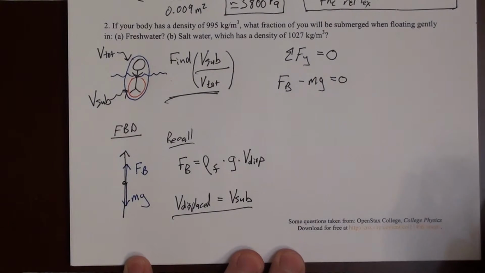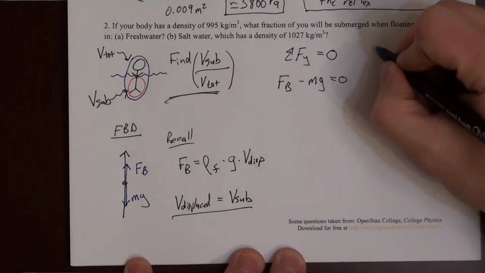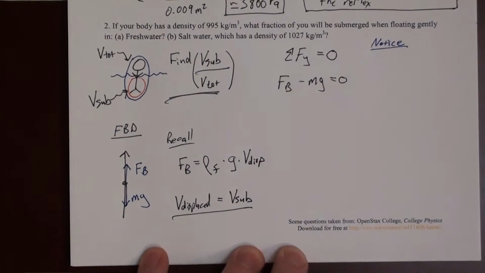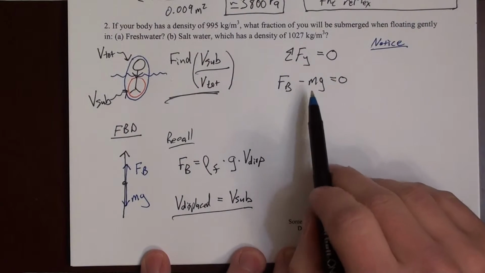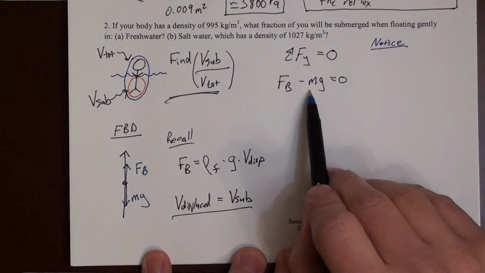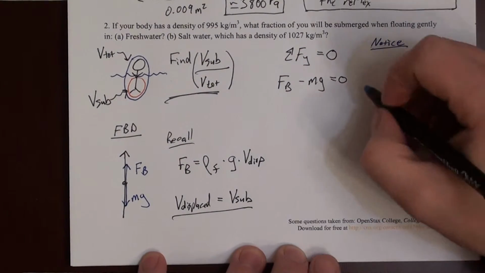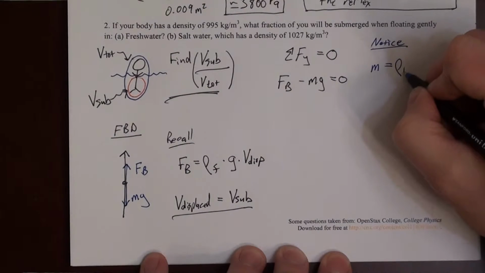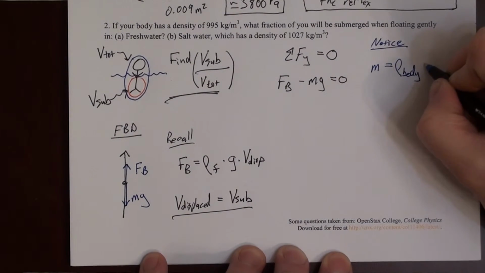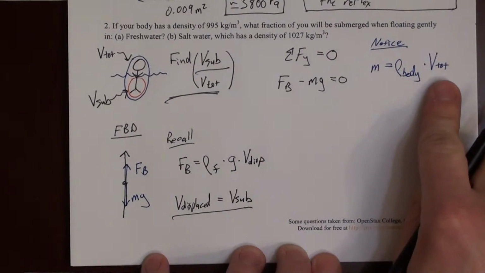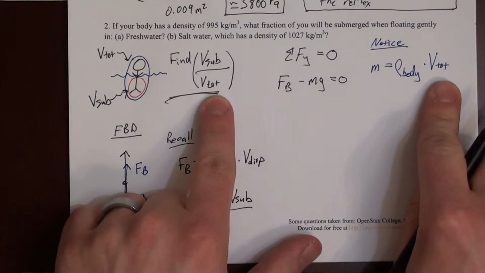At this point, it is convenient to notice that we can represent the weight of the person, or at least the mass of the person, as follows. The mass of the body is the density of the body times the total volume. And that's good because what we're looking for has total volume in it.